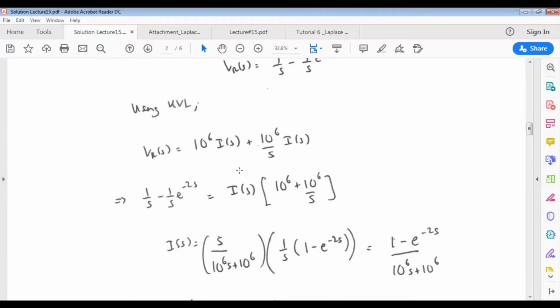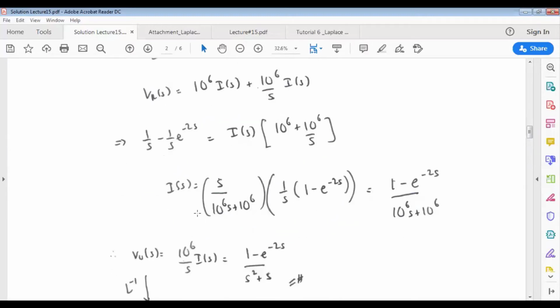Now we have I(s) equals s over 10 power of 6 (s plus 1), times 1 over s, times (1 minus exponential negative 2s). This is the equation of I(s).